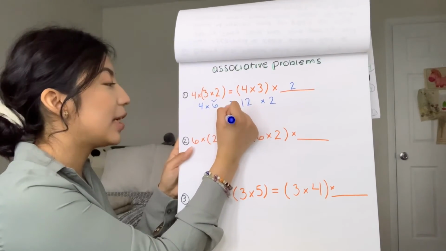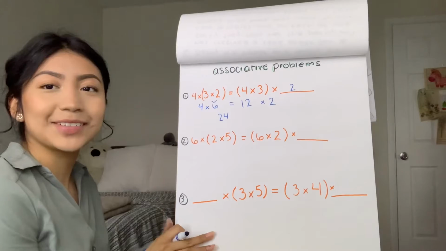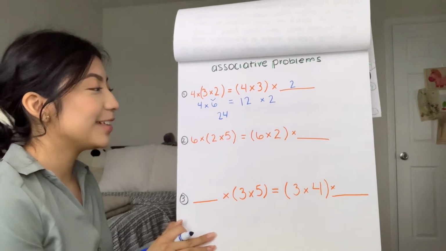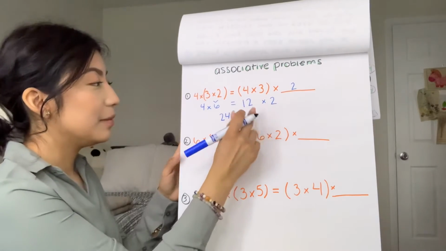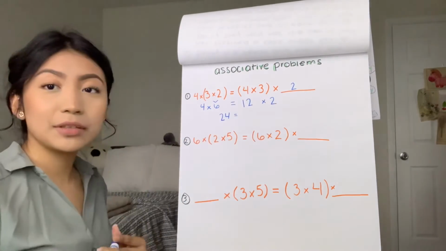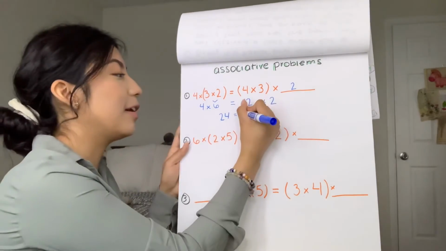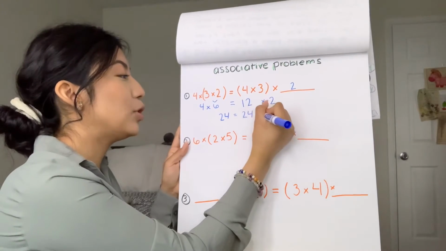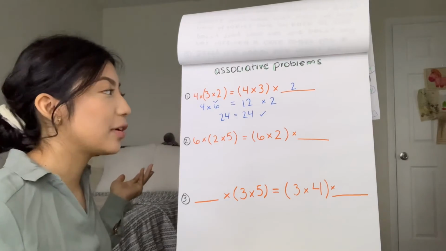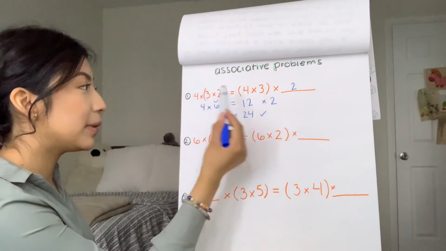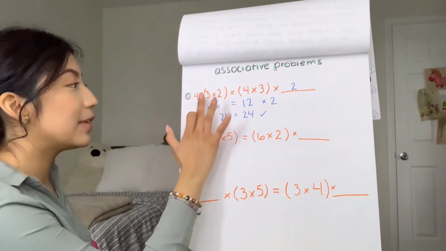You guys probably already have the hang of 24 because we keep doing 24. That was not intentional. And then 12 times 2, 24. And would you look at that? They're the same answer. They are equal to each other. It didn't matter where we put the parentheses. You see how we have the same order numbers?